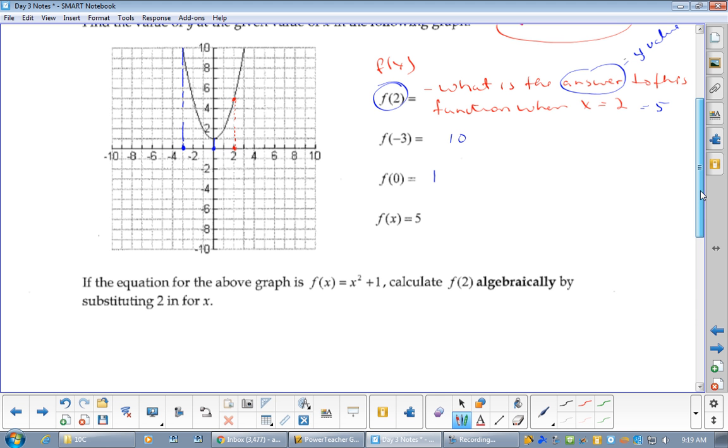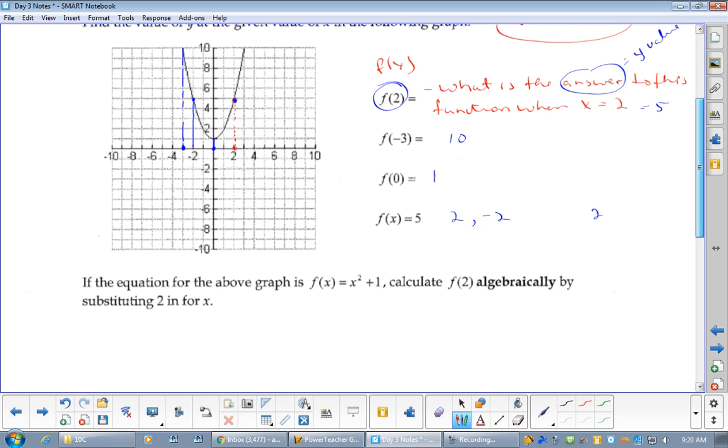So you find 5, which would be about here. Oops, that's 6 1/2. Okay, so what is your answer? 2. Very good. See, there's two answers: 2 and negative 2.